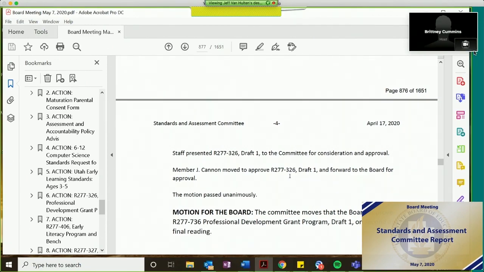Okay, thank you. We're going to vote on it. The motion before the board is that the board approve R277-736 Professional Development Grant Program Draft 1 on second and final reading. Board Member Bolter. No. Board Member Cannon. Aye. Vice Chair Cummins.